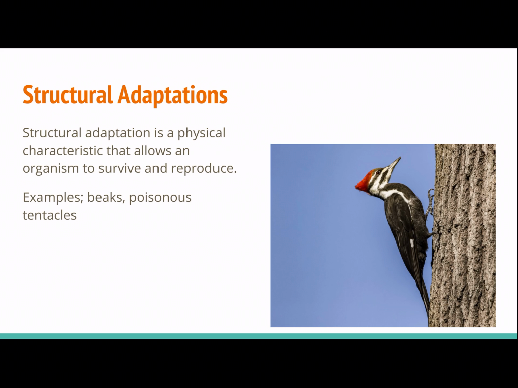Examples of this would be beaks and poisonous tentacles. Organisms have many different structural adaptations for different functions. Some structures, such as beaks and poisonous tentacles, help predators find and capture prey. Other structures, such as sharp teeth, help predators to eat their prey. In turn, structures protect or help organisms from becoming prey.